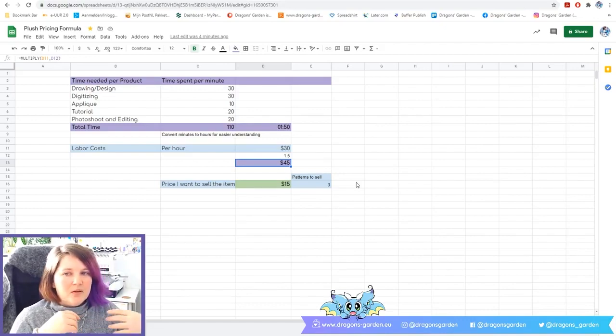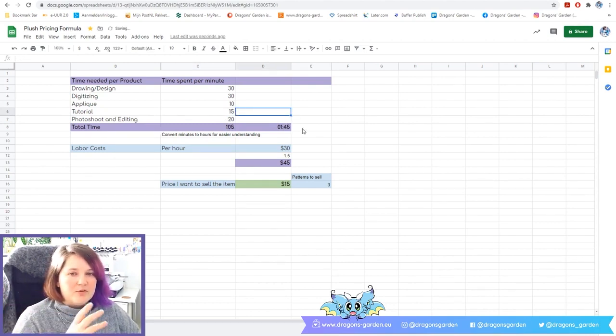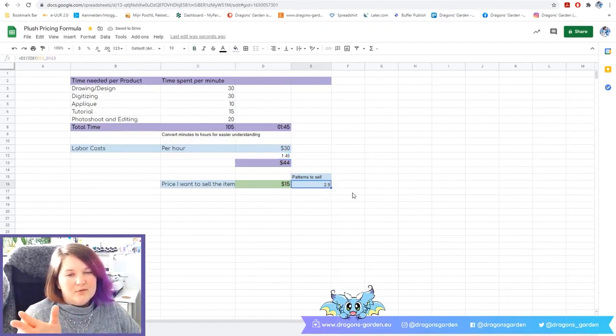For example, I like to figure out ways to cut down my time of making the tutorial. Instead of 20 minutes, I would say 15, because I use a template that I can just copy paste, which means that it would take me 1 hour 45 to make, so I would have to sell just 2.9 patterns, which is still 3.